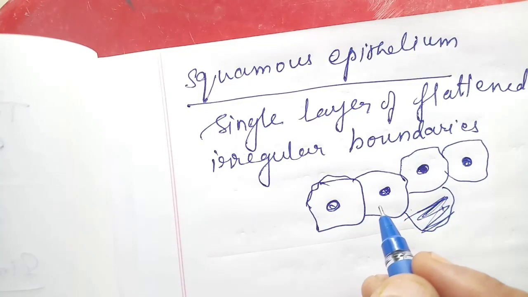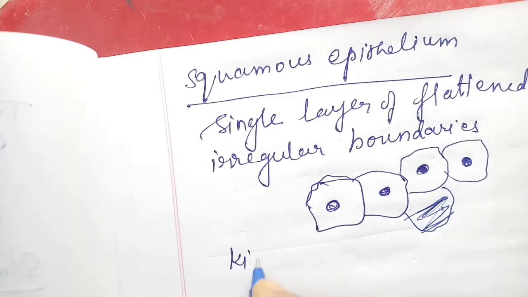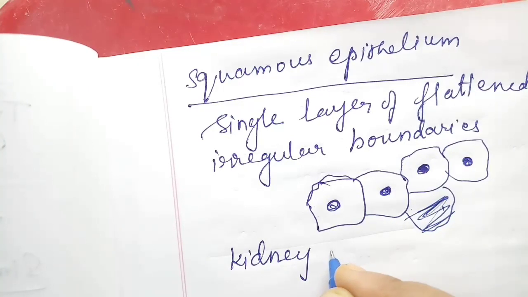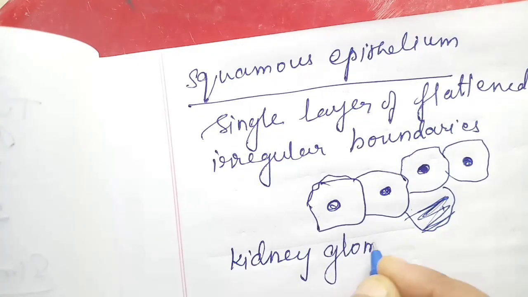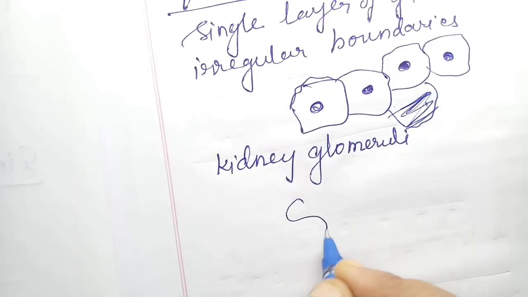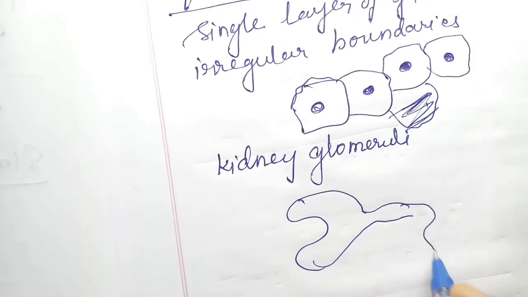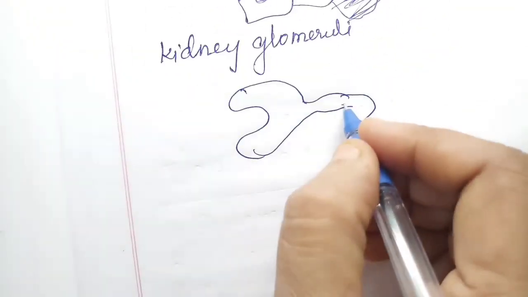Where can we see squamous epithelium? In the kidney glomeruli. You know well what is meant by glomeruli. This is the nephron.